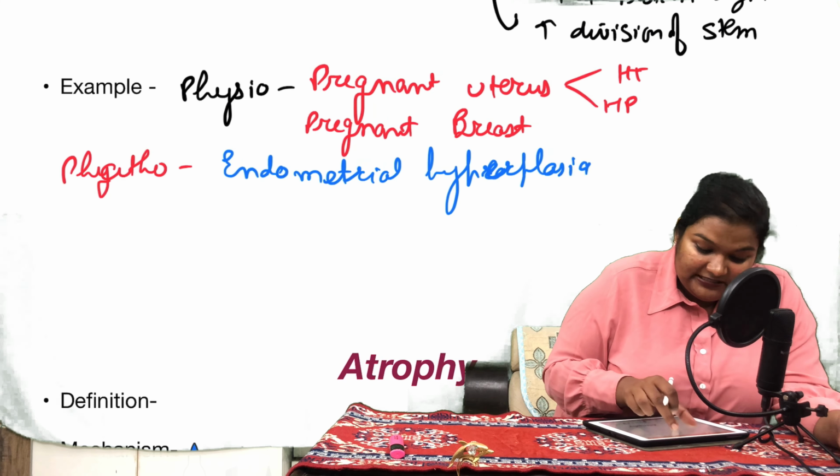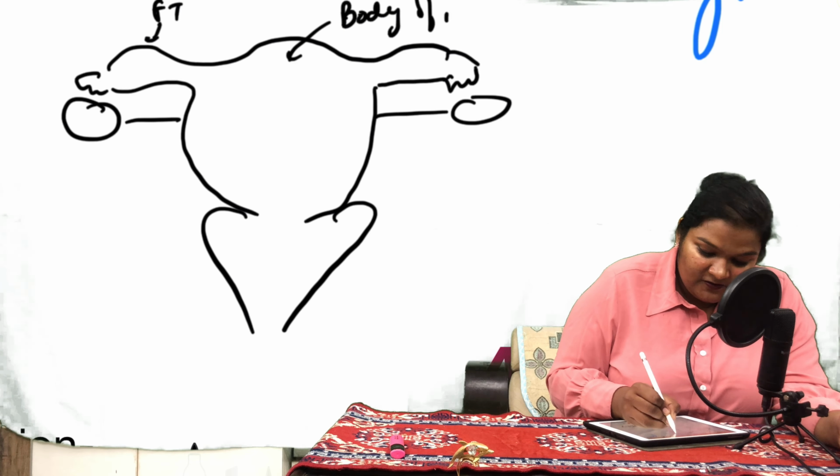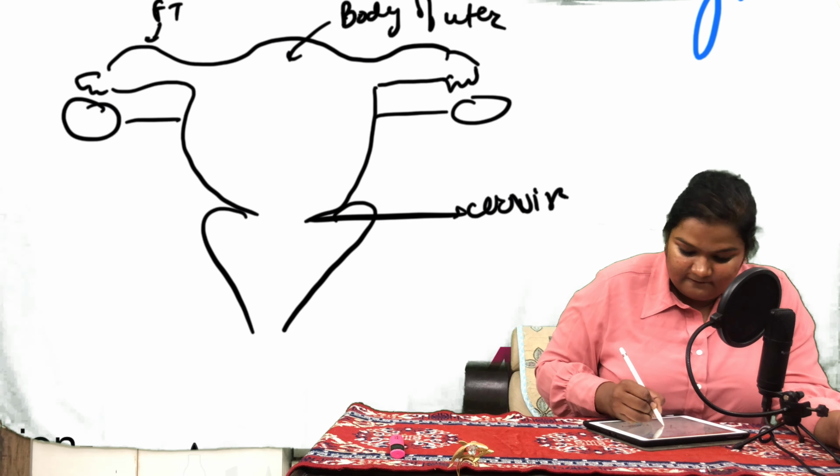So we are going to see it in a little bit of detail. Okay, so this is a normal endometrium. So this is the fundus, then this is the fallopian tube, then we have this, the body of the uterus, then this is the cervix, and this is the vagina.